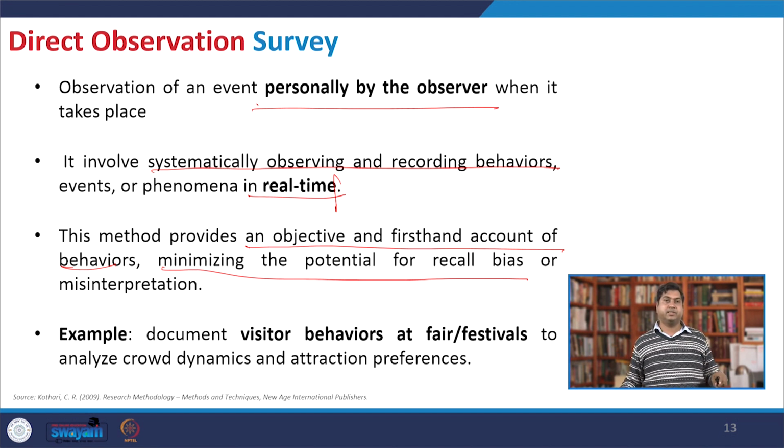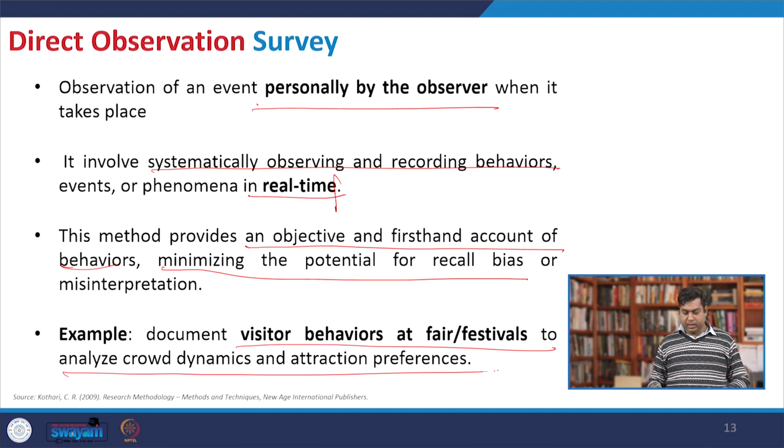So in this case it is not that you recollect your memory of what you have seen and then you represent. So it is instantly happening, what is currently in real time. For example, document visitors' behavior at a fair or festival to analyze crowd dynamics and attraction preferences.